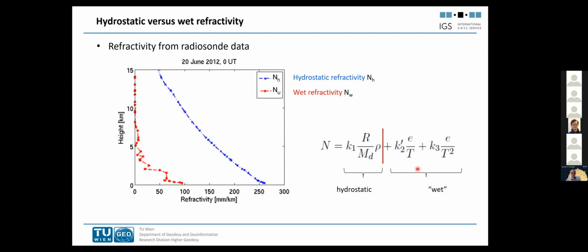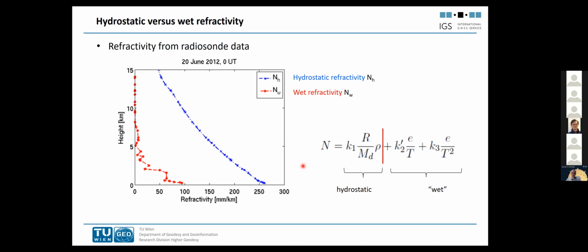We plot the hydrostatic refractivity with height in blue and the wet refractivity in red. The behavior of the hydrostatic refractivity with height is very smooth. Essentially, the hydrostatic refractivity can be calculated from the total density.